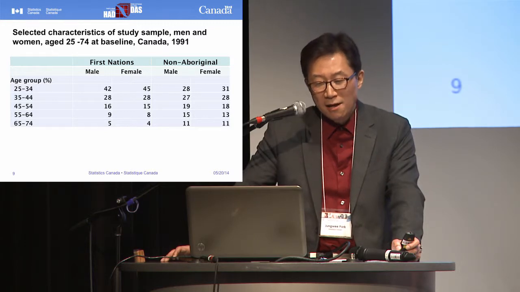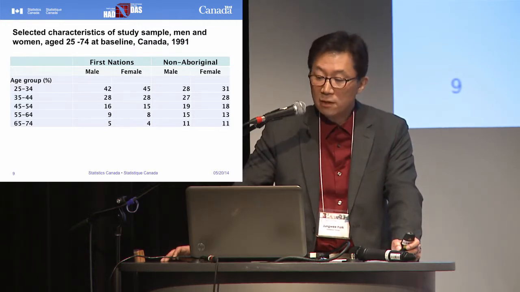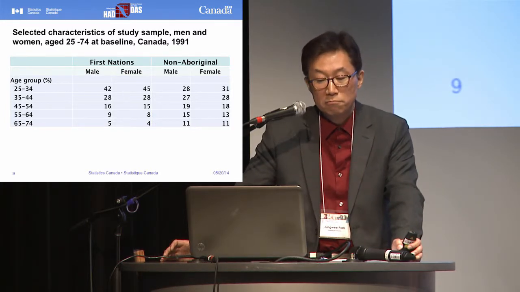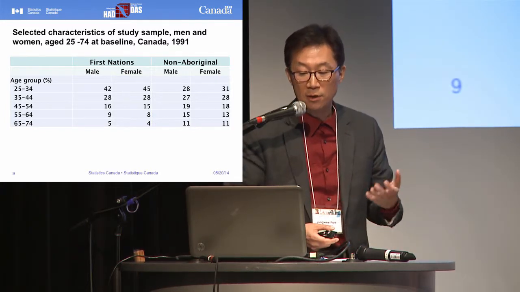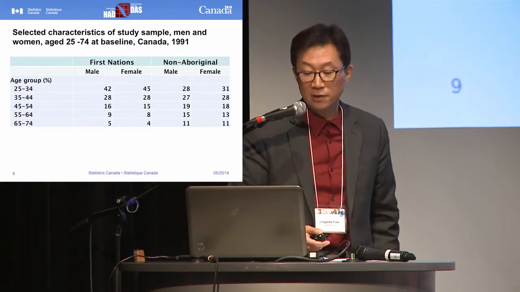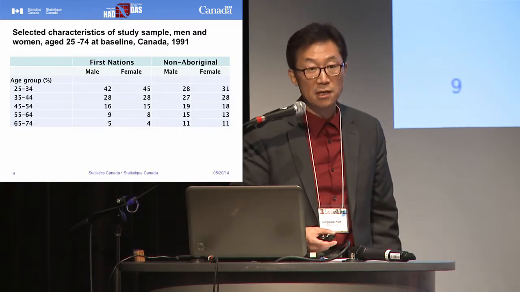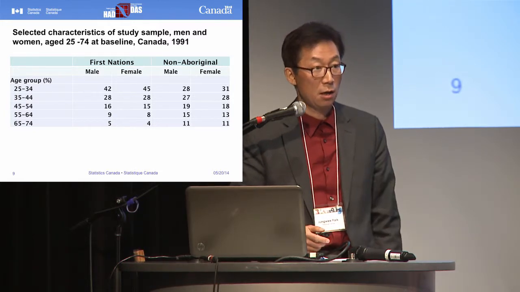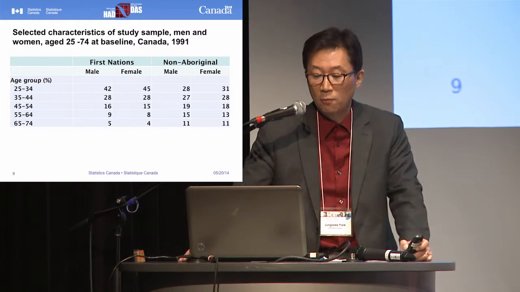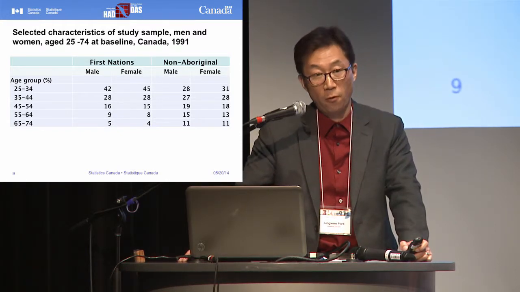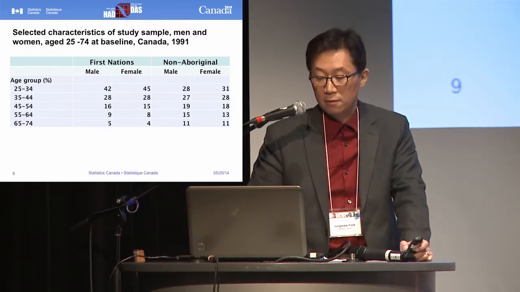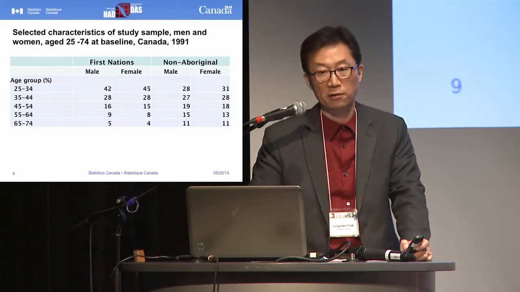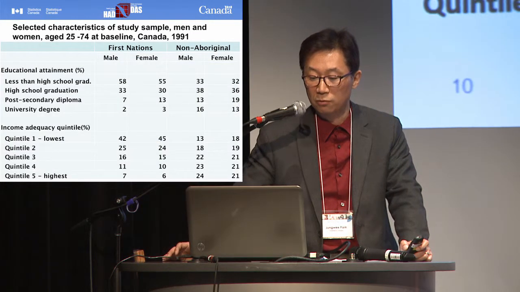As a first finding, it's not exactly a finding, but it's the sample characteristics. It's not really surprising, but if we compare the First Nations population and the non-Aboriginal Canadian population, the First Nations population is, of course, much younger. So we see a high proportion of 25 to 34, as opposed to 55 and over, a big difference between the two population groups.